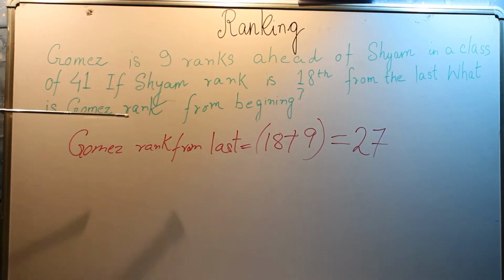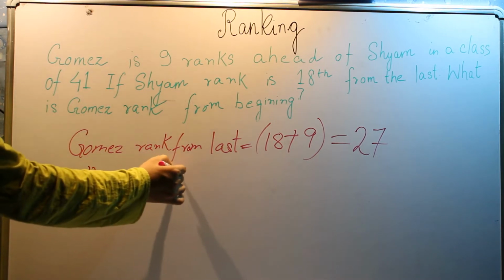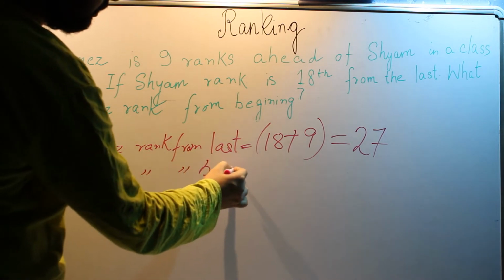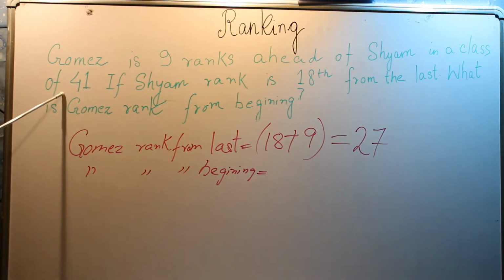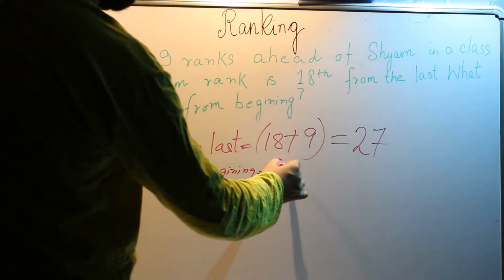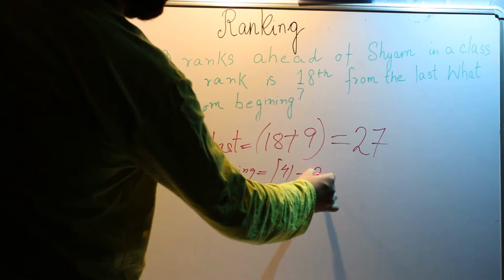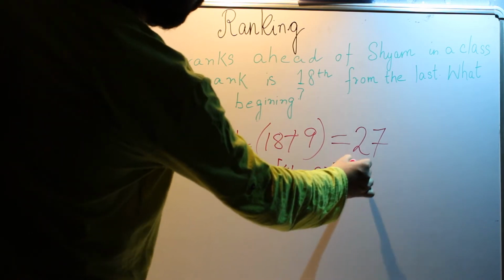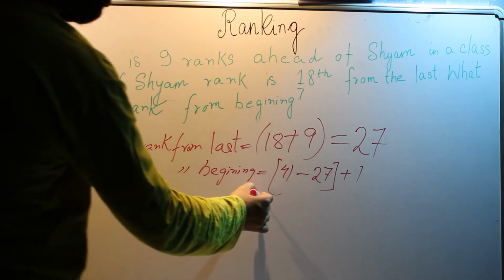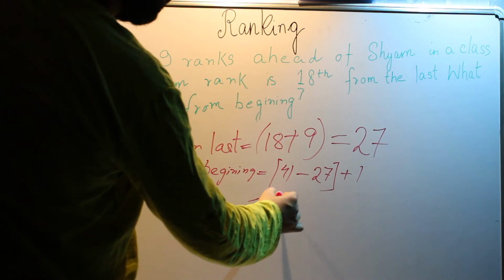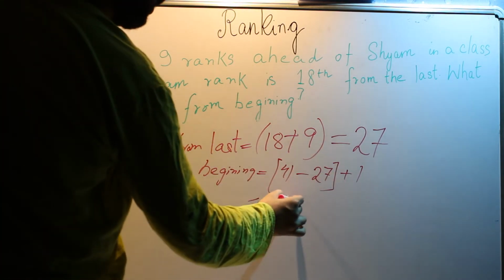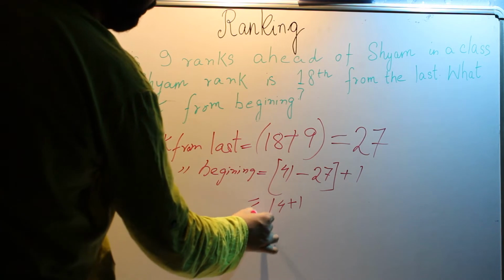Now the question to be answered is, what is Gomes's rank from the beginning? So Gomes's rank from beginning is equal to, using the formula, there are 41 students in the class, so 41 minus 27 plus 1. 41 minus 27 comes as 14, plus 1 is equal to 15.